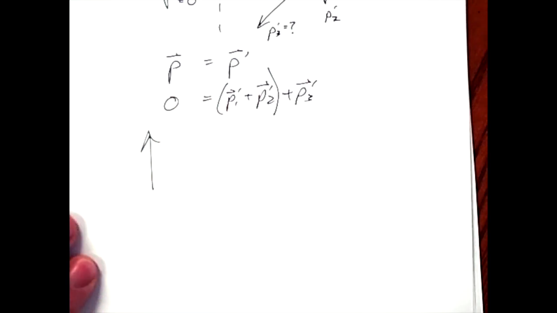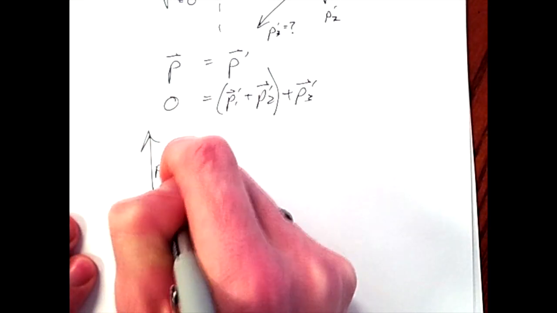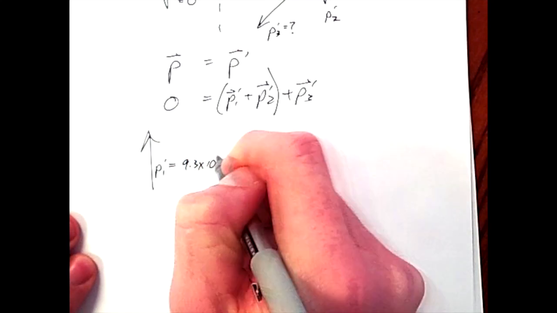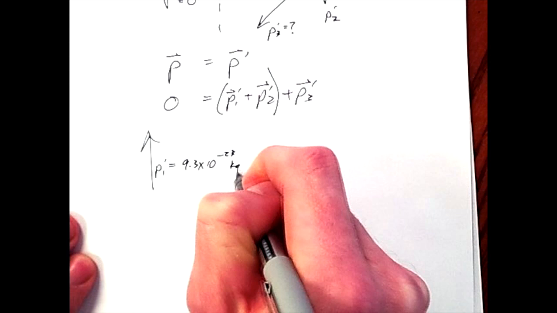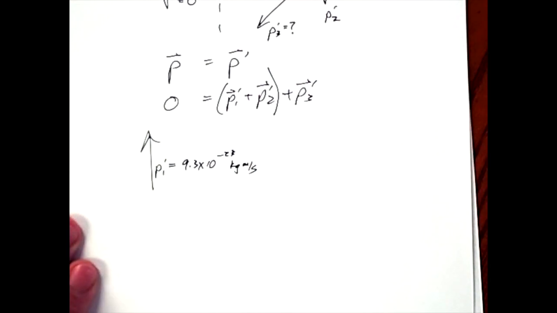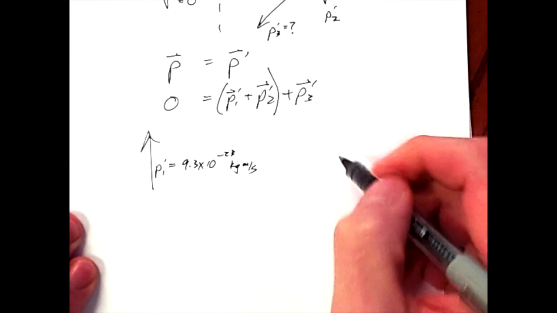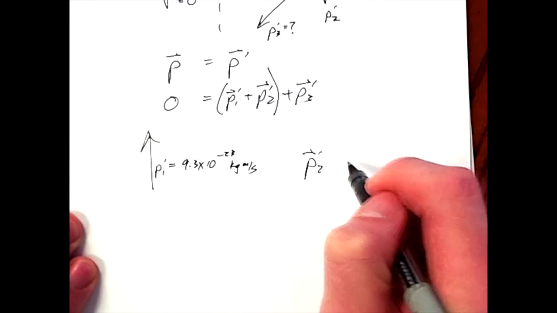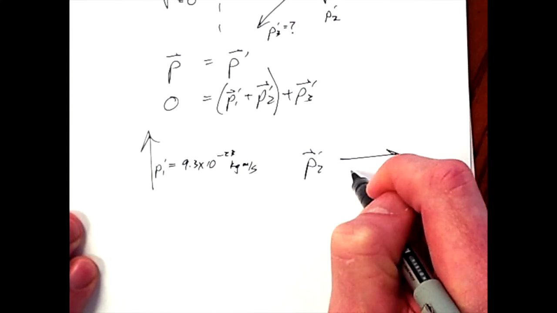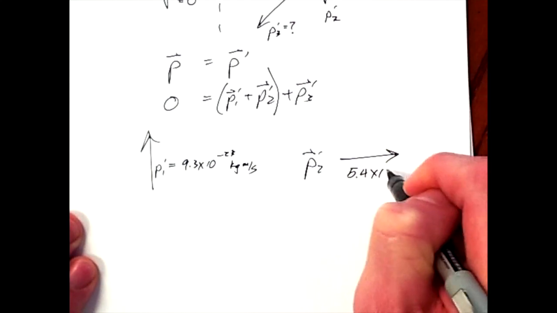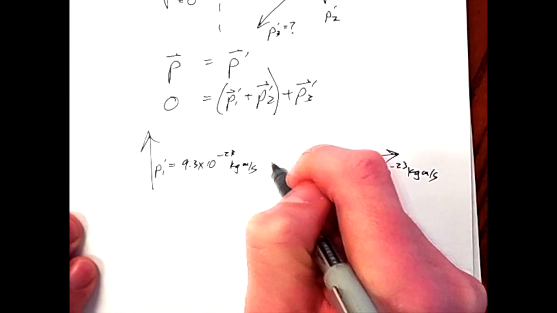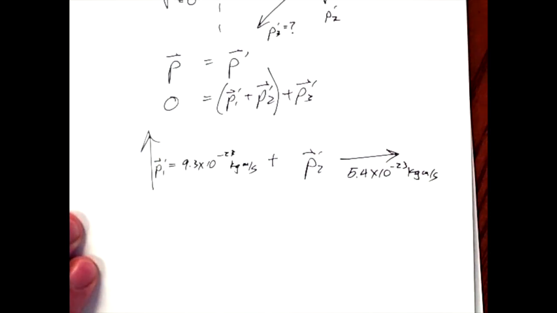Now later you can do this directly on the problem if you want. But if I have P1 prime as up and 9.3 times 10 to the negative 23 kilogram meters per second, and I have P2 prime as right equal to 5.4 times 10 to the negative 23 kilogram meters per second, I need to add these two vectors together.